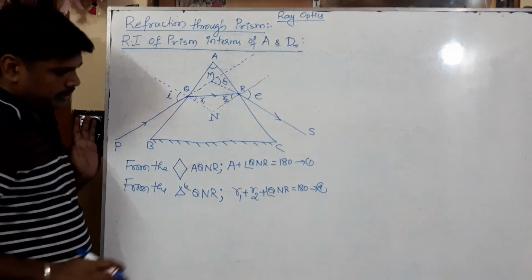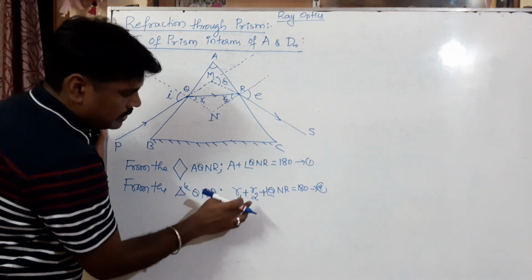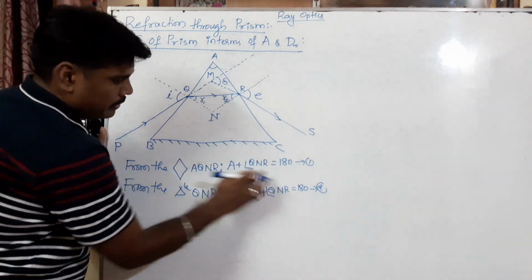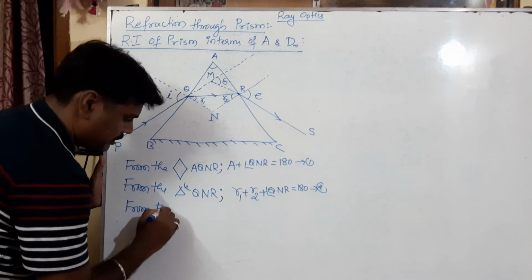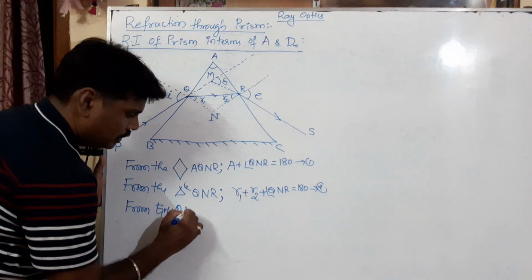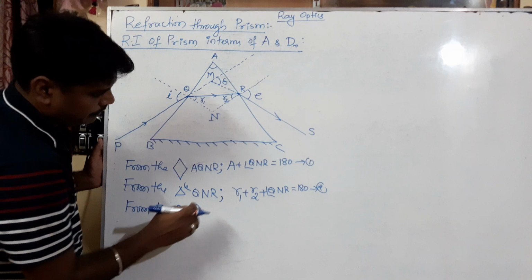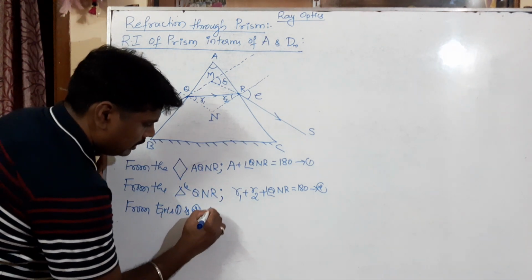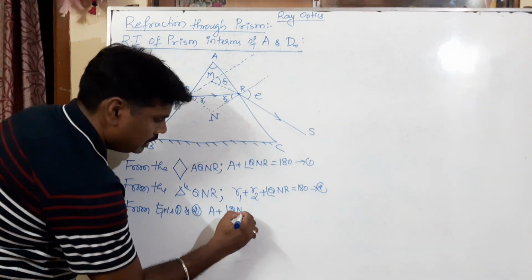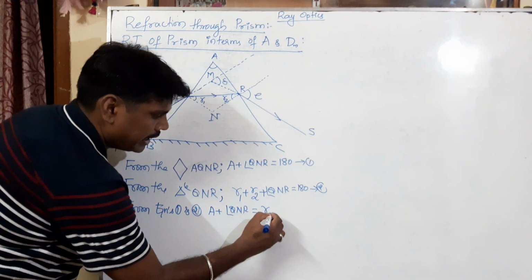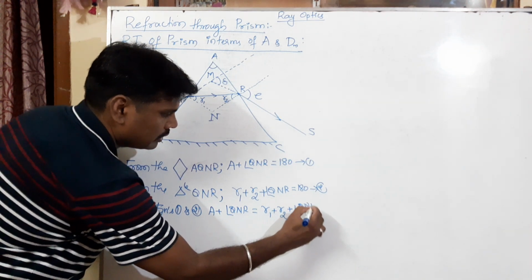Now we have two equations. In both equations the right hand side is 180, so the left hand sides must also be equal. From equations 1 and 2, angle A plus angle QNR is equal to angle R1 plus angle R2 plus angle QNR.